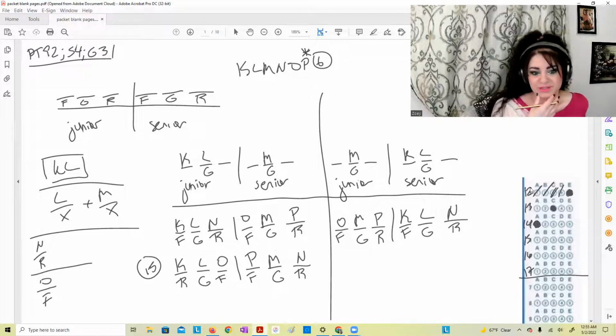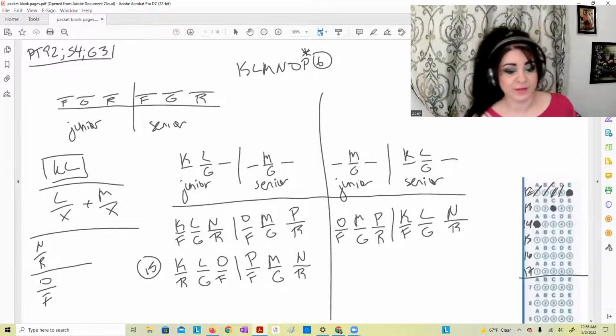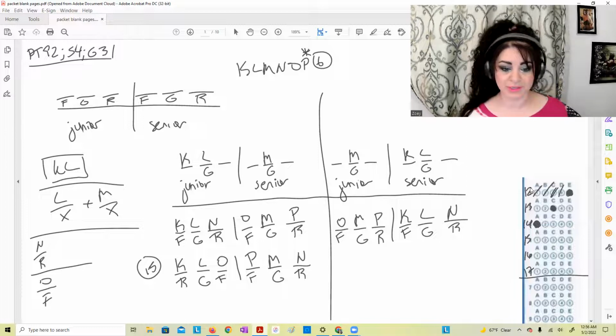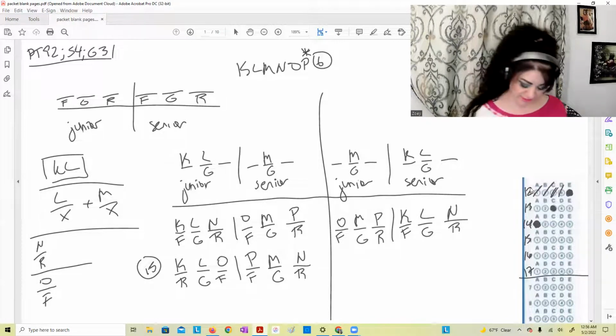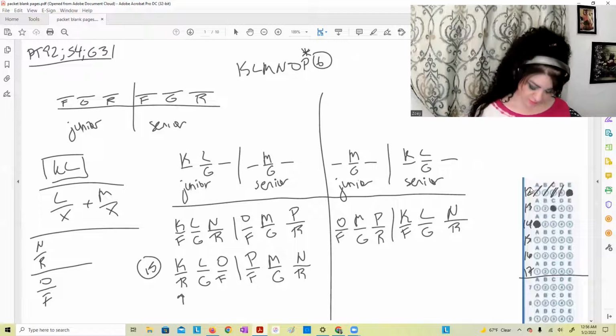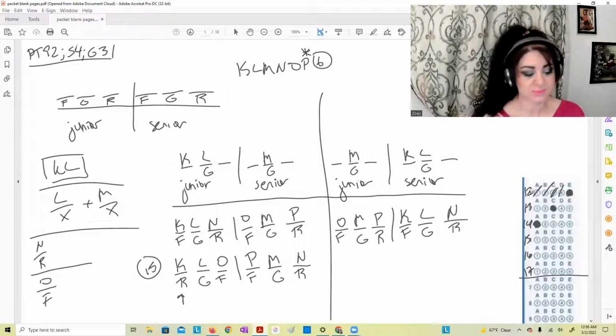For some reason, I feel like I messed it up. I don't know, it's either K and L, and then M, N, and P. Yeah, this is correct. Okay, so this is the solution I'm going to use to answer number 15. What must be true? And this is what must be true. That right there. That is B.